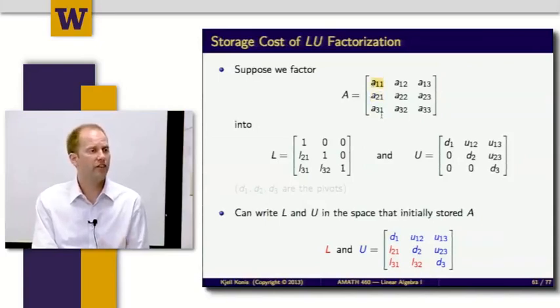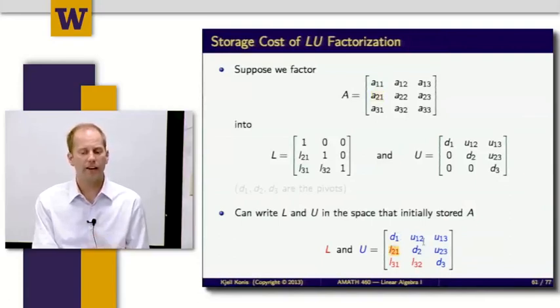And as soon as I've chosen that multiplier, I know if I do an elimination step, this value is going to be 0. So once I know what the multiplier is, I might as well just write that down here. So if I was doing this on a chalkboard, I figure out what the multiplier is. I erase this value A21, and I write the multiplier there.